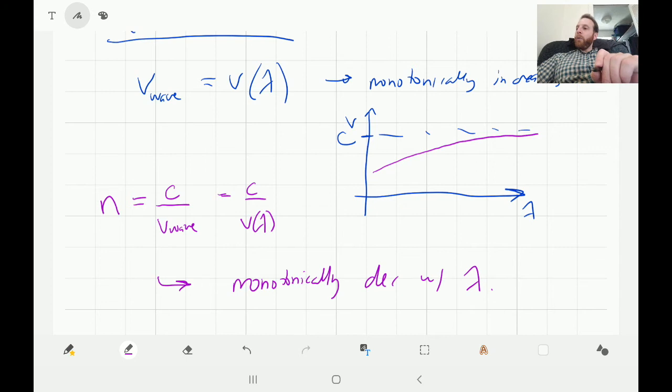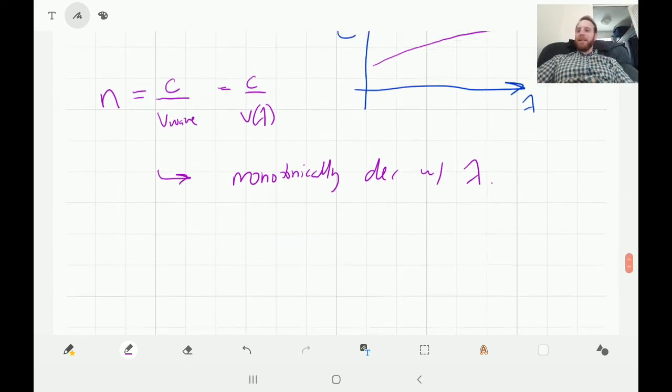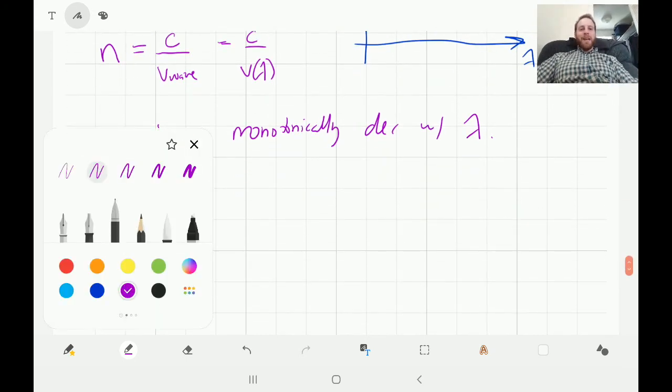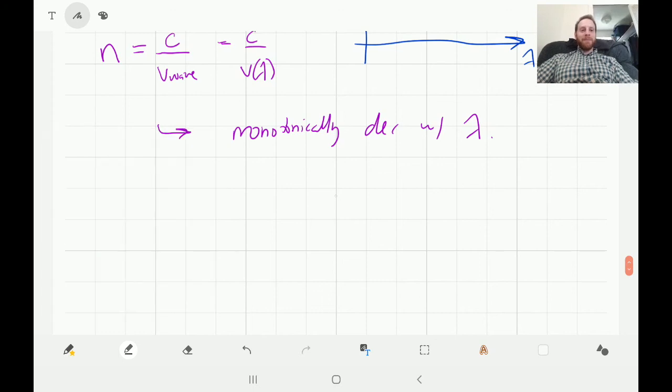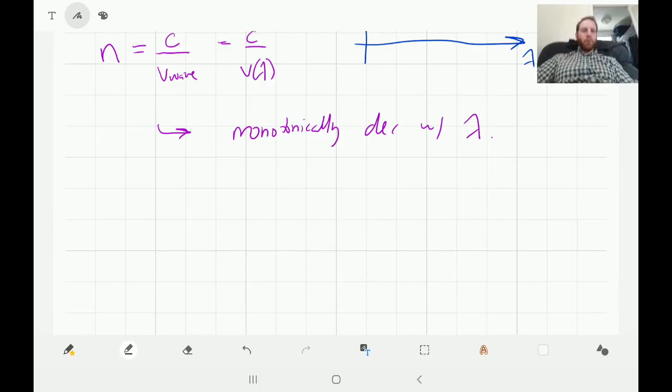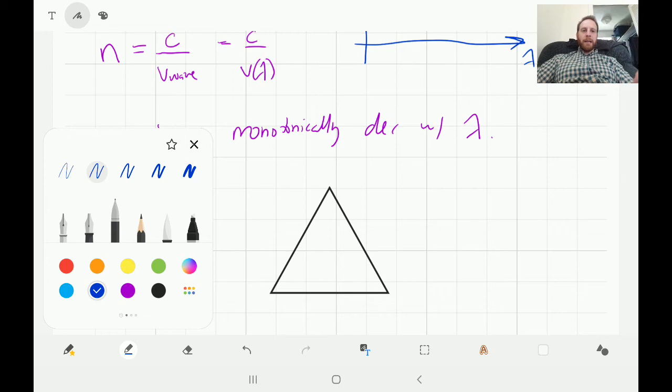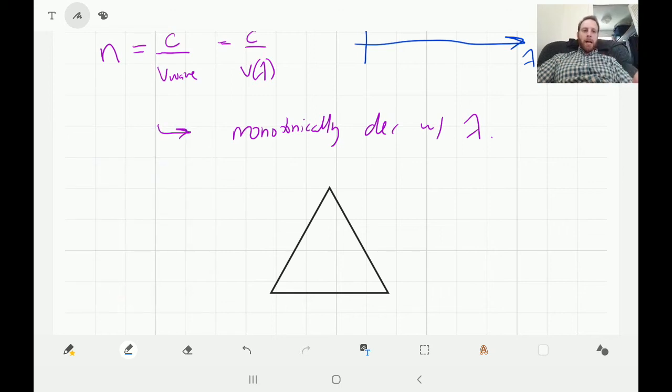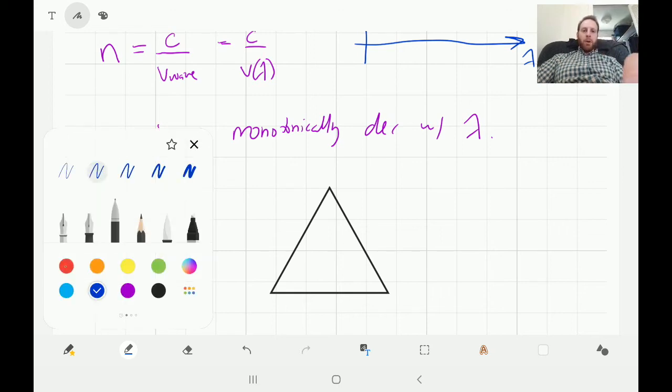The consequence of that is that if you were to take a prism and send in light of a particular wavelength, let's send in red.